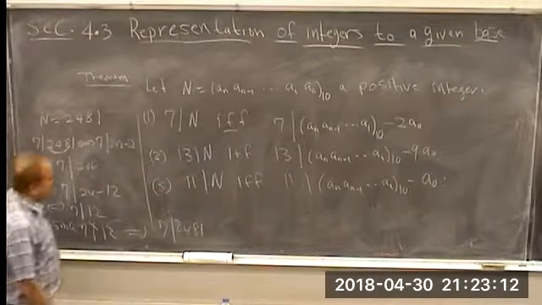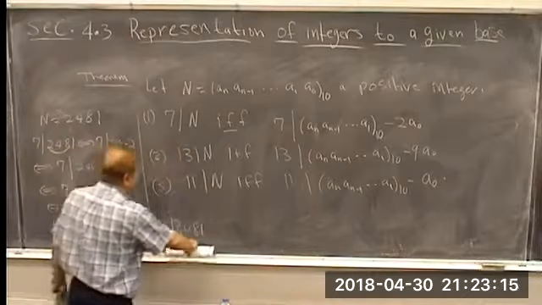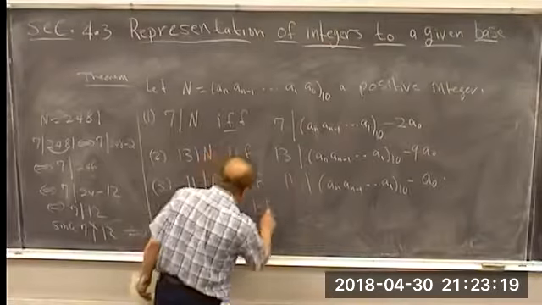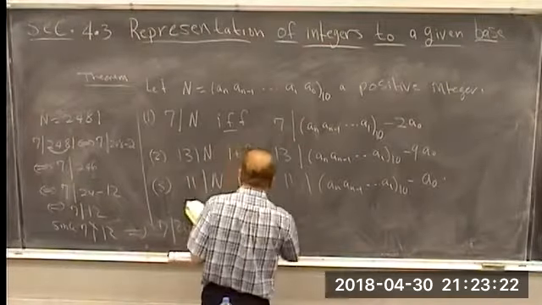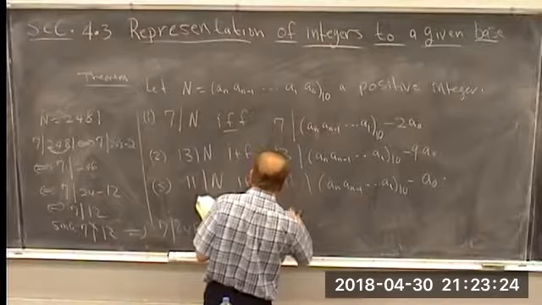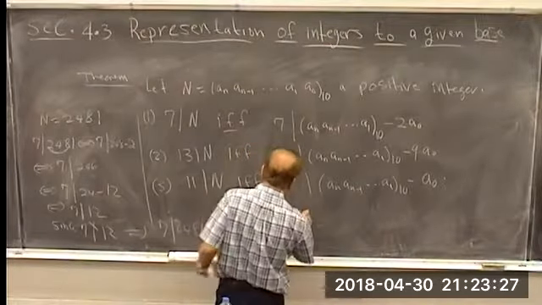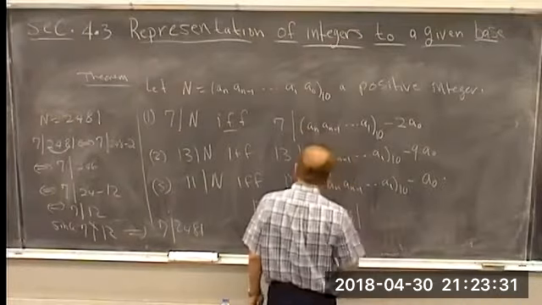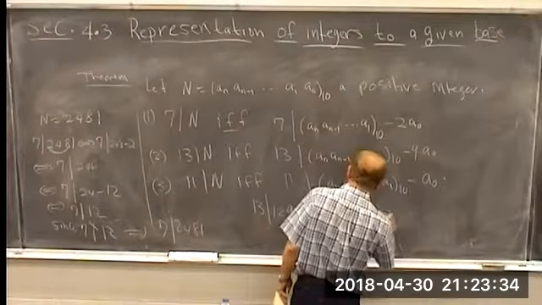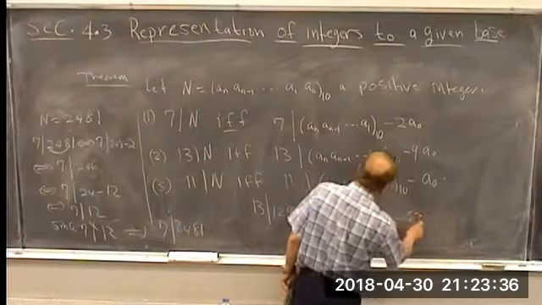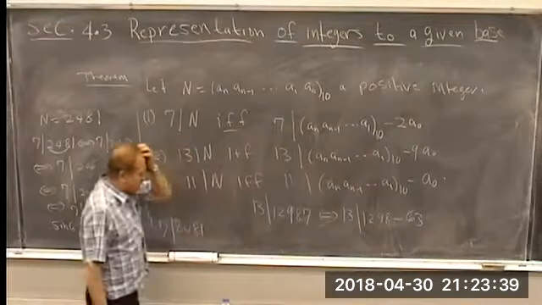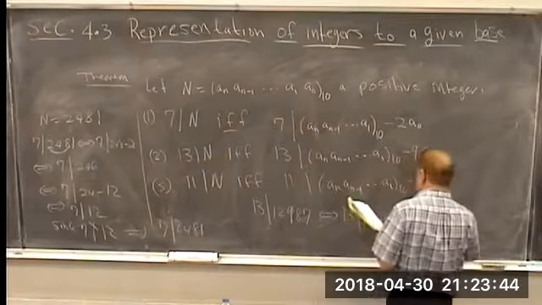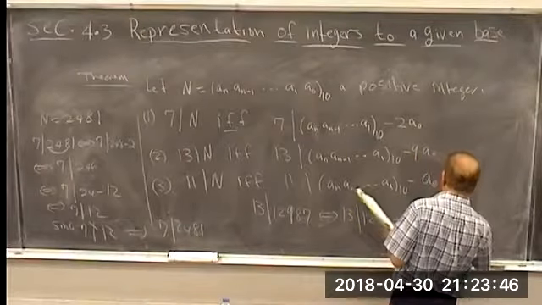If you look at 13, it's similar. Here let me take something I know works. So 13 divides 12987 if and only if 13 divides 1298 minus 63, because the a sub 0 is 7 and you multiply by 9. When you subtract this out, you come up with 1235.